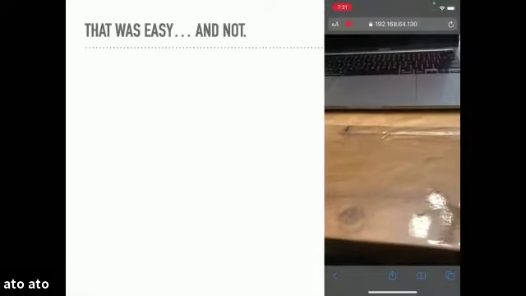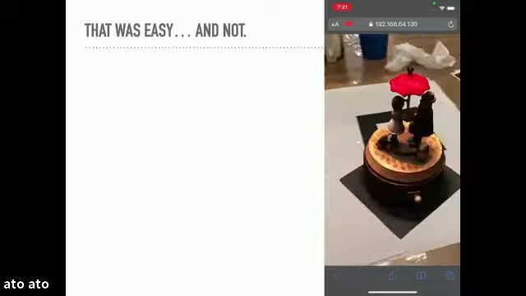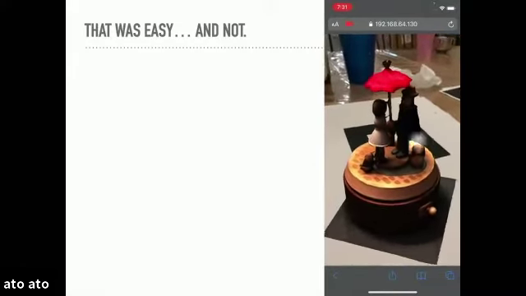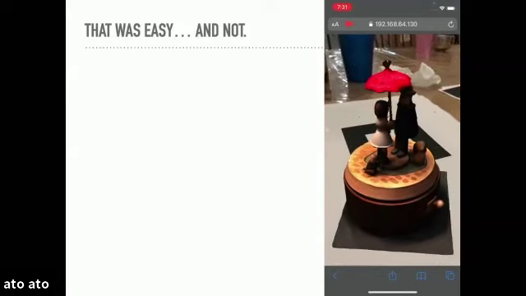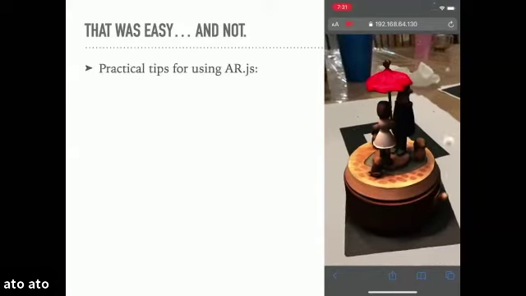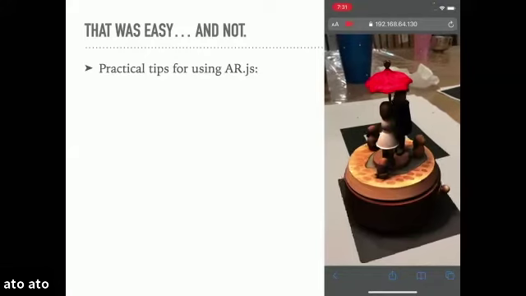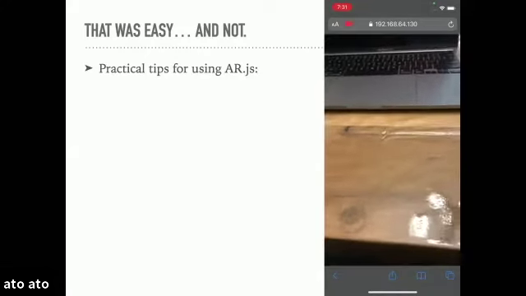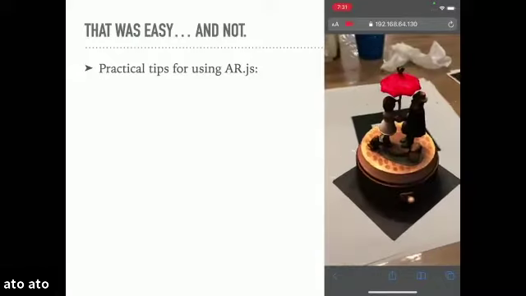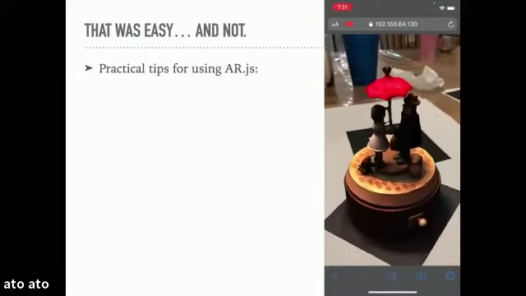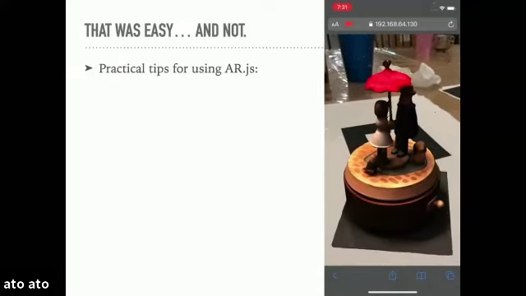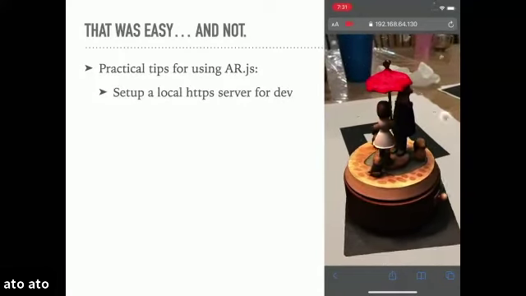So that was easy, and it was not, because there was a lot of work that is not represented in that code. Firstly, I didn't just show you the iPhone screen to show you that it works on an iPhone. Some practical tips for developing your own experiences that will save you some time.